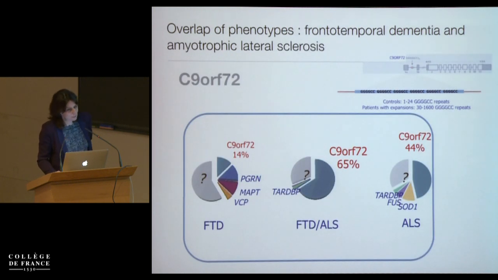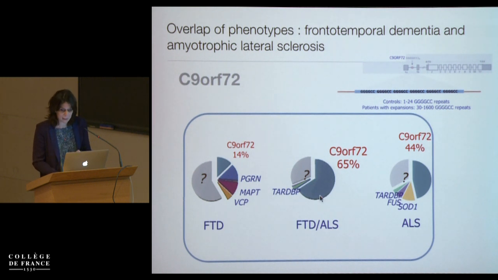And if you take a new gene, which is even more interesting because it's also a repeat, only discovered in 2011, which was something we never expected because all the repeat expansion genes for the neurodegenerative diseases were discovered in the 1990s, between 92 and 96. And this repeat is a very frequent one responsible for FTD and for motor neuron disease.